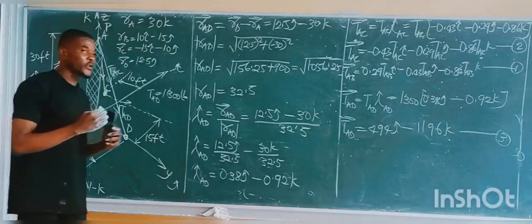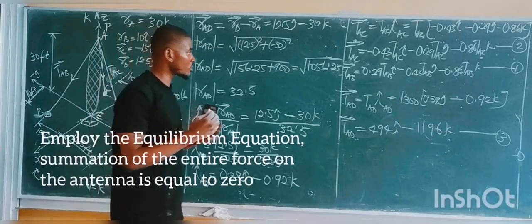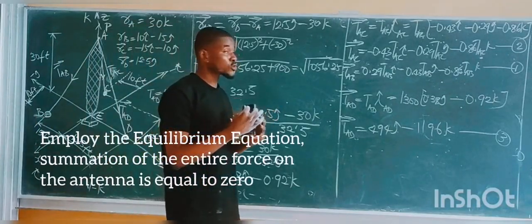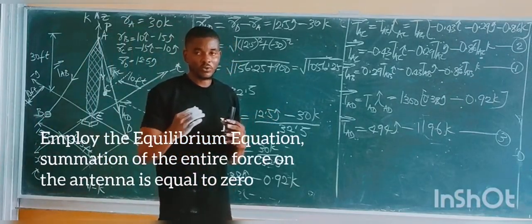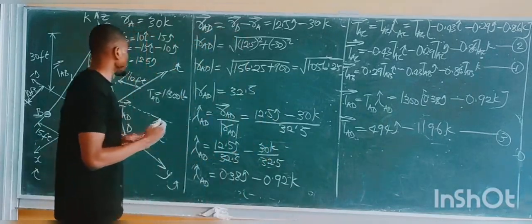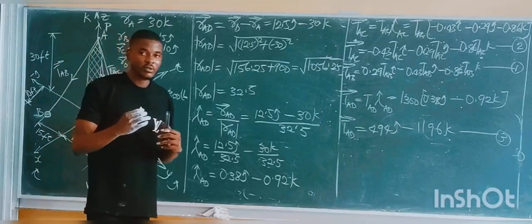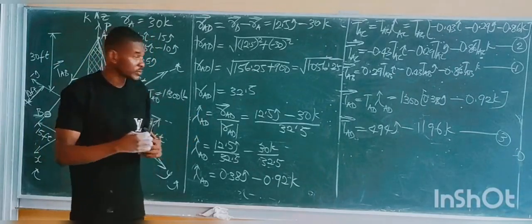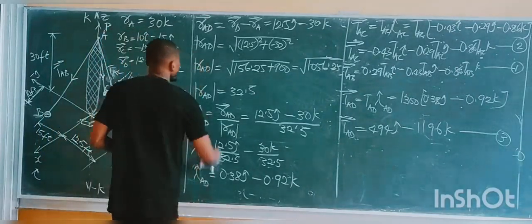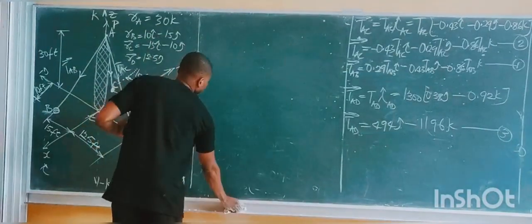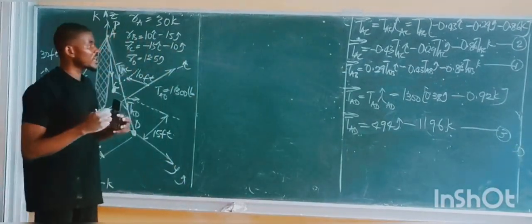What we'll do at this point is employ the equilibrium law: sum the entire tension force together and equate it to 0. For this system to be in equilibrium, the total force acting on the system must be equal to 0. So first, let's get the total force.